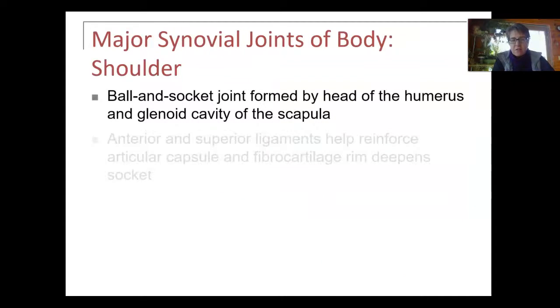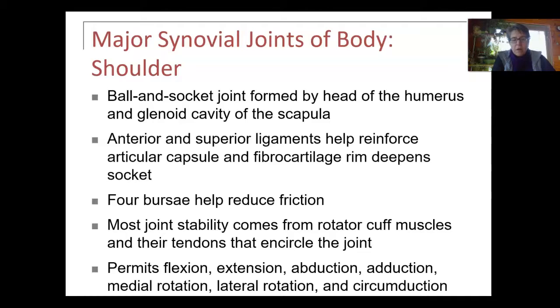Okay, the ball and socket. The shoulder joint is probably the most freely moving joint in the body. This is a ball and socket joint, and it's most freely moving. It has a very shallow articular capsule.